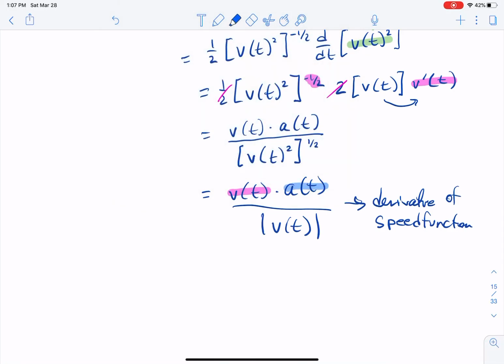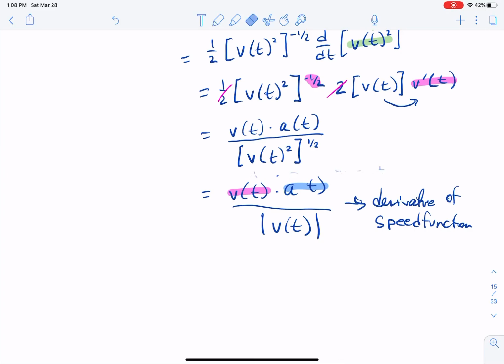When they have the exact same sign, positive times positive or negative times negative, then that whole fraction is going to be positive, indicating that our speed is increasing. If they are different signs, one of them is positive and the other one's negative, then that whole thing is going to result in a negative speed derivative, which means that our speed is decreasing.